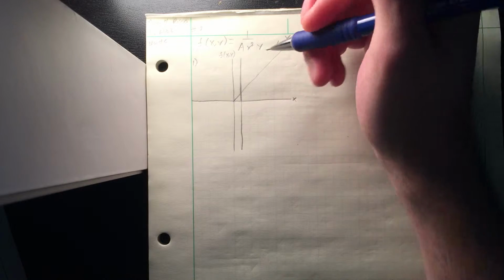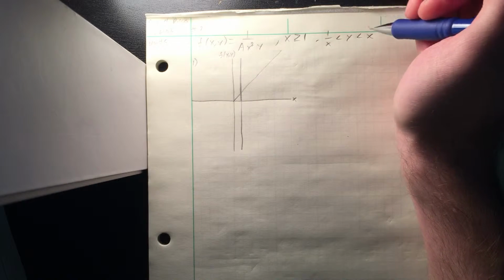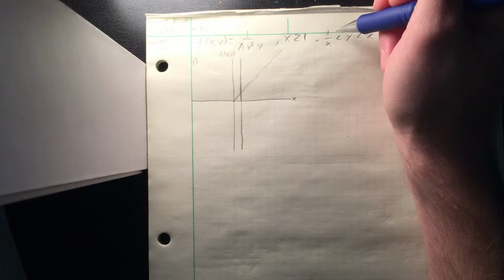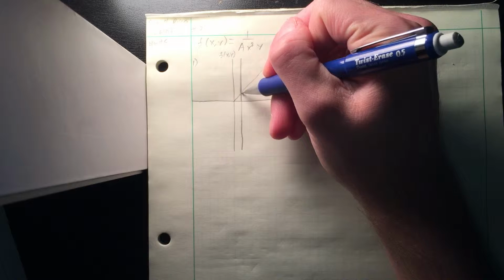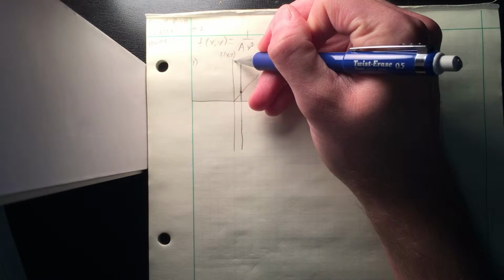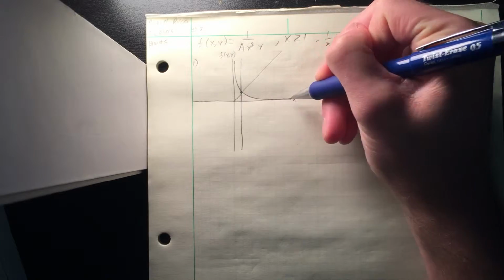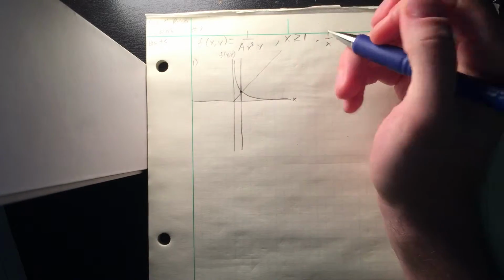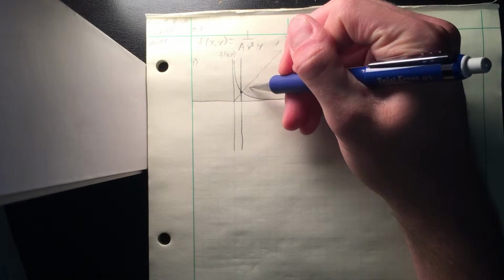And then 1 over x is a decreasing function that also intersects at 1, 1. So that goes to 0 slowly. So now we have our overlapping functions with y equals x on top.